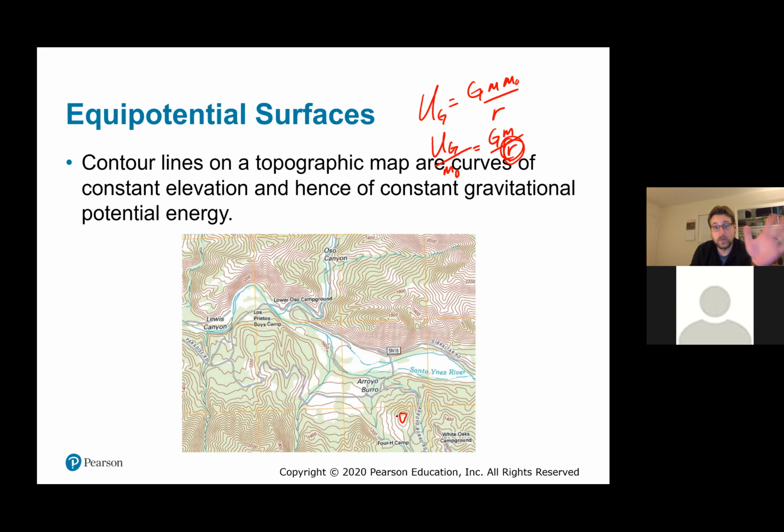Put any mass you want somewhere on this line. Its gravitational potential energy will be different, but its gravitational potential will be the same.